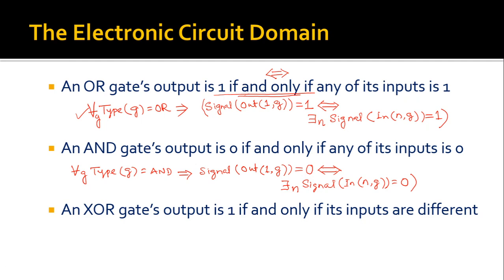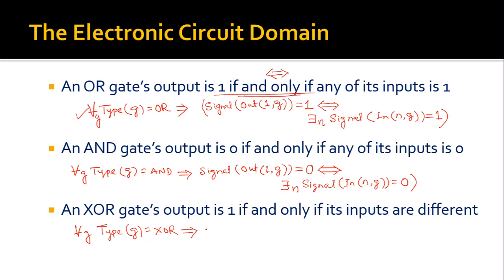Now how do we assert some properties of the XOR gate? An XOR gate's output is 1 if and only if its inputs are different. We have to do it differently. We know that it has two inputs. If the inputs are different, then the output of the XOR gate is 1. So for all G, it will be kind of similar, but there will be some changes. Type of G equal to XOR, right?